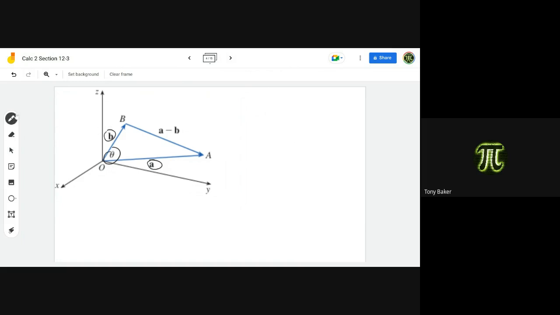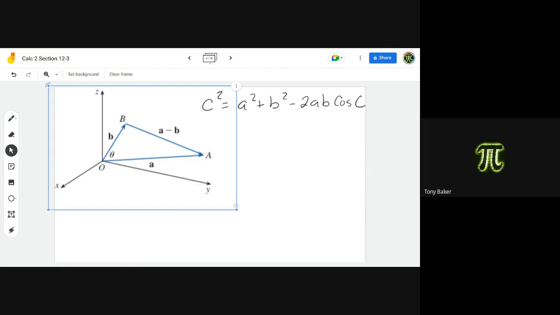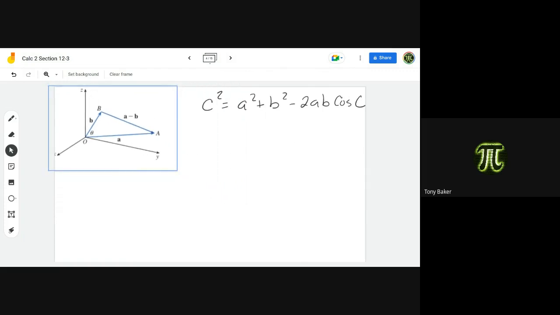So the law of cosines, basically, actually, I'll use C. That was the law of cosines. So let's use this to find the angle. We've got our law of cosines broken down.